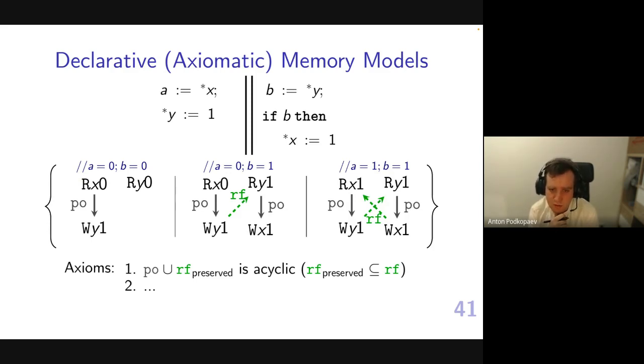So, for example, in the C++ memory model, there's an axiom stating that PO united with some subset of read-from edges should be acyclic.